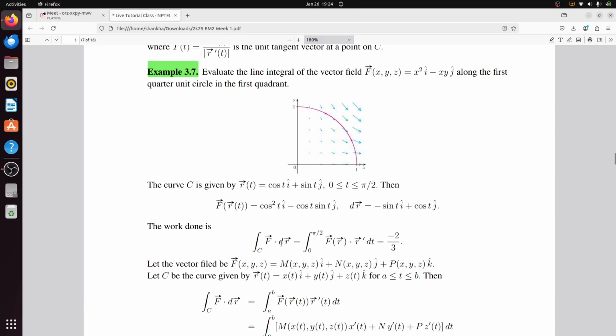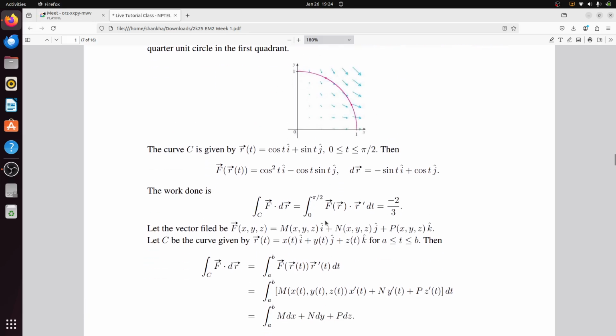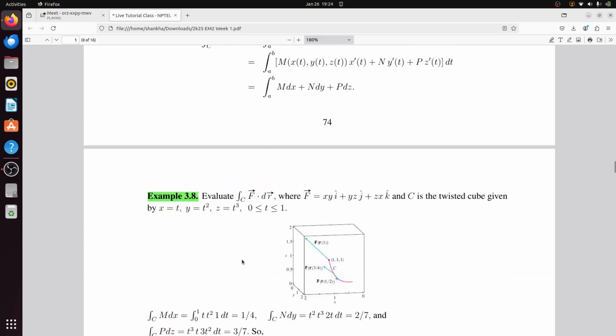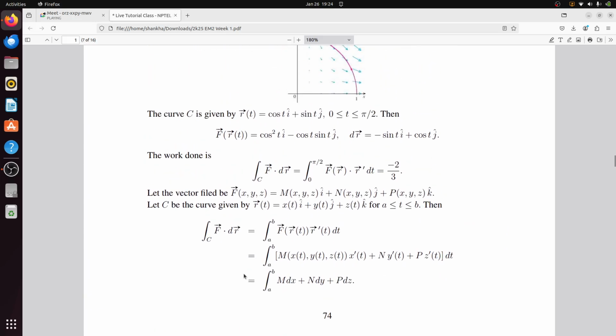So what will be the formula? You have F dot dr. How to determine this F dot dr? It is very easy. You have 0 to pi by 2. Here is the calculation part. You need to ultimately determine from a to b M dx plus N dy plus P dz. This type of problem I have already discussed.